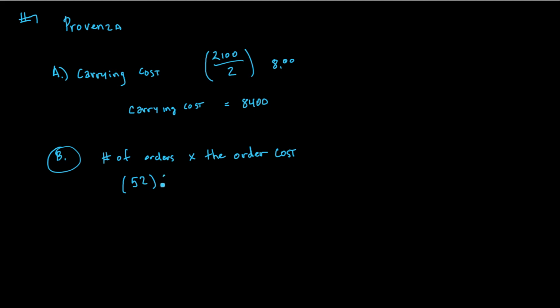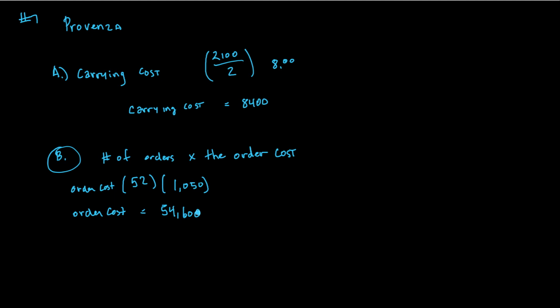And the problem tells us that the fixed order cost is 1,050. So we see then that our order cost is equal to $54,600.